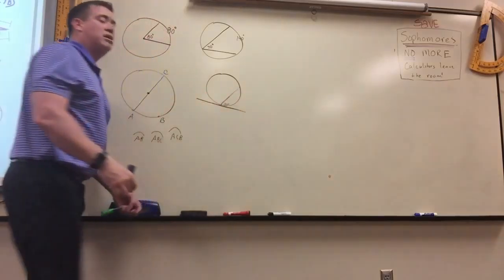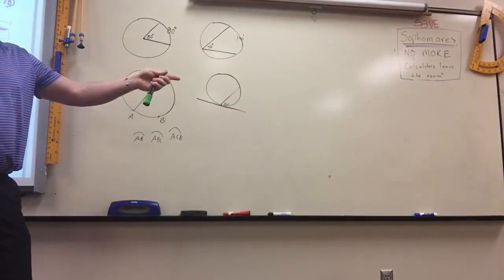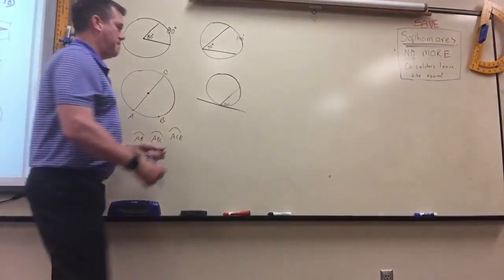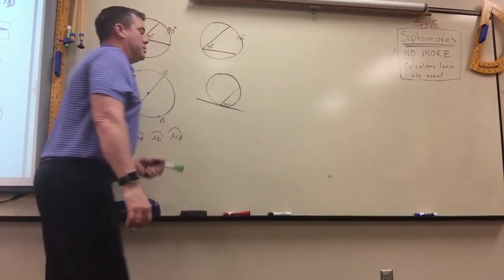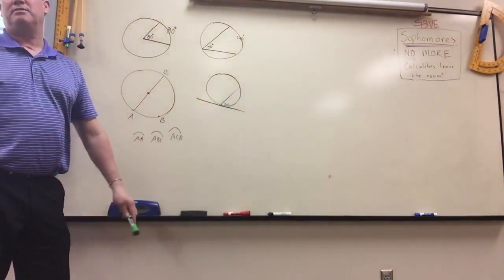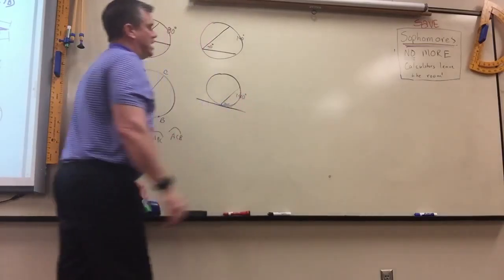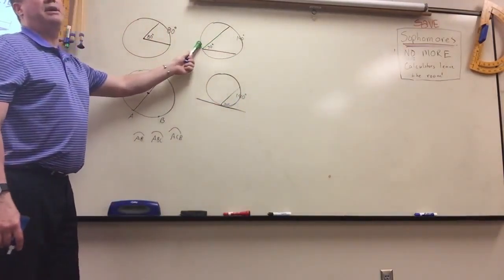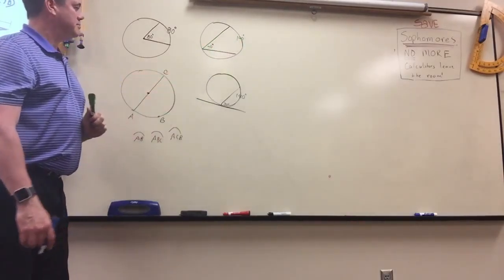Then how does the arc compare to the angle in this picture? It's double. How many degrees would that arc be if that angle is 70? 140. So if it's a tangent and a chord, it's just like the inscribed angle. The arc is double the angle formed.